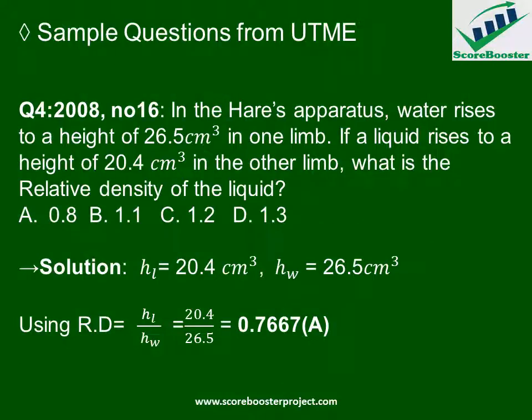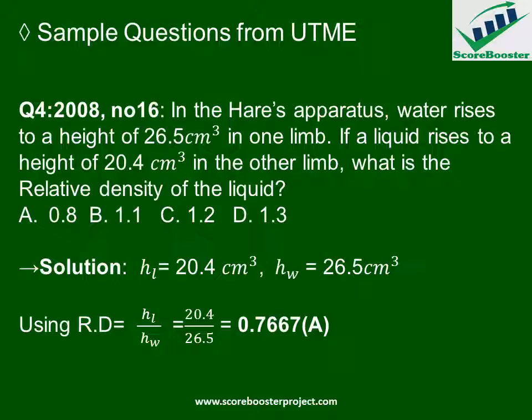And the next question we shall be considering comes from 2008, number 16. And the question goes thus: in Yes apparatus, water rises to a height of 26.5 cm3 in one limb.